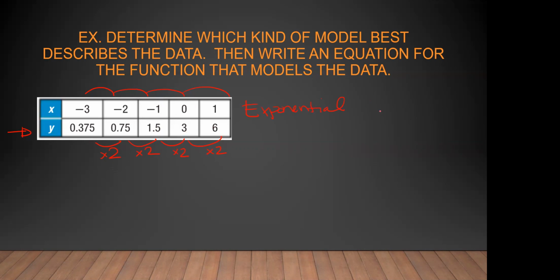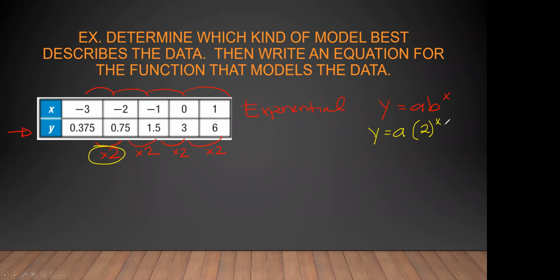Remember the standard form would be y equals a times b to the power of x. So we would have y equals a times something to the power of x; we don't know a, but b is the constant ratio. The constant ratio is multiplying by 2, and we're raising that to the power of x. So what we can do is try to solve for a.